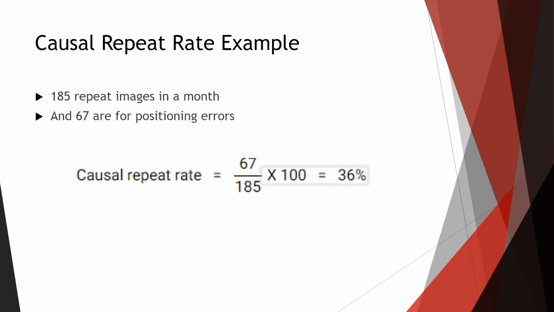So 36% of the time it needed to be repeated for positioning errors. What was the cause? Well, positioning. How much? 36% of the time. That's the point of this. We could say that it's the causal error rate of 36% for positioning for whatever exam it happens to be. You do this for each exam.